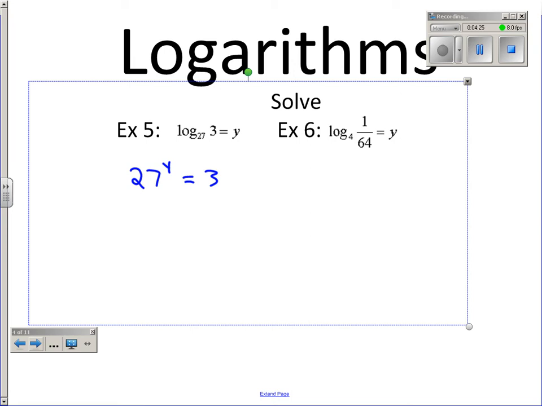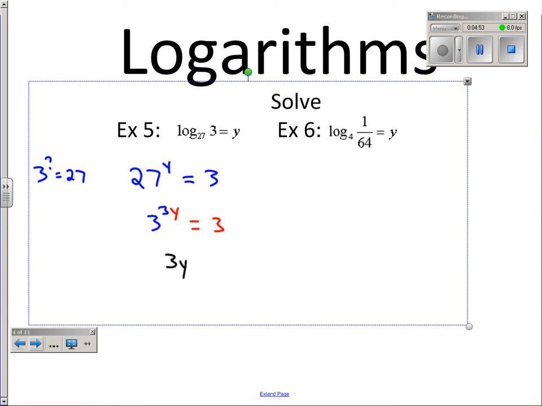Remember from previous lessons, we want to make sure that our bases are the same. So we want to make our bases 3. So 3 to what power is 27? I think it's 3 to the third power. And I want to bring down the y and bring down the 3. So now my bases are the same, so I want to set the exponents equal.